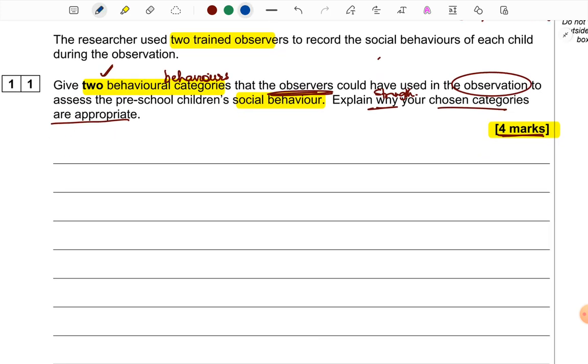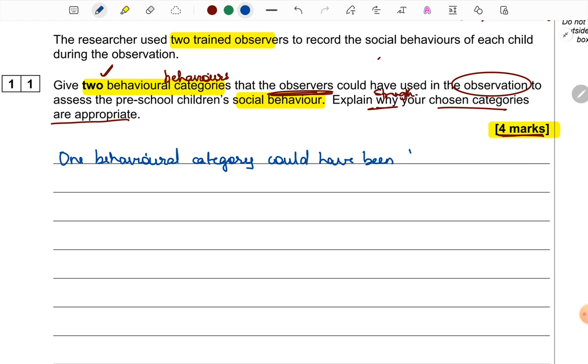What we can write is, one behavioral category could have been, I draw as much wording from the question as possible. That helps me to keep my answers clear.